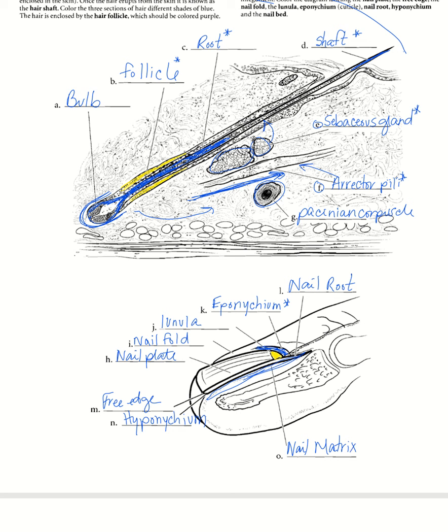Because remember, when we talked about tissues, the term matrix referred to background substance. So this is essentially the background substance of your nail, which makes up the nail bed. All right, so that covers integument, both the layers of the dermis and epidermis, as well as structures within the skin.